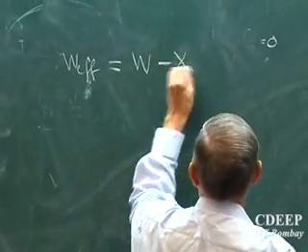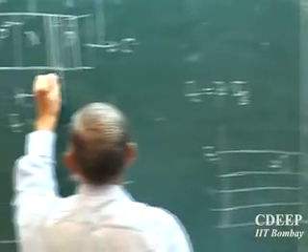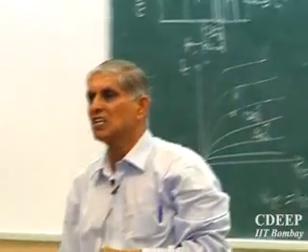W effective is W minus XD, if this is my depletion width, which is a function of VBC. So the larger the VBC, the larger the XD, and the smaller the W effective; the base width becomes smaller.